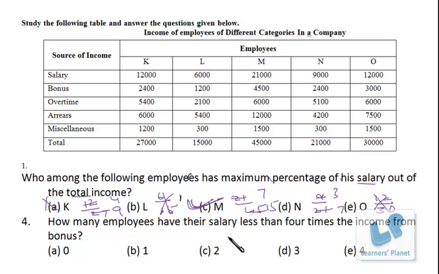Now, how many employees have their salary less than 4 times their income from bonus? So just take the bonus as 4 times and compare it with the salary of individual category. So it's 2400. 2400 into 4 is 9600 and salary is more than that. So first option, like K, is not the correct choice. Then 12 fours are 48, further L will not be there.